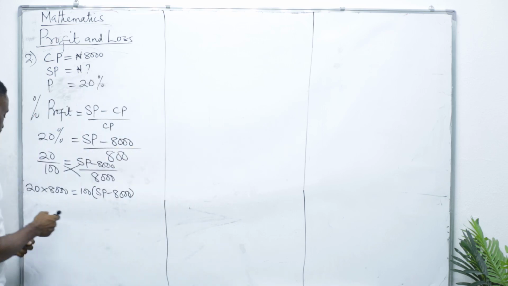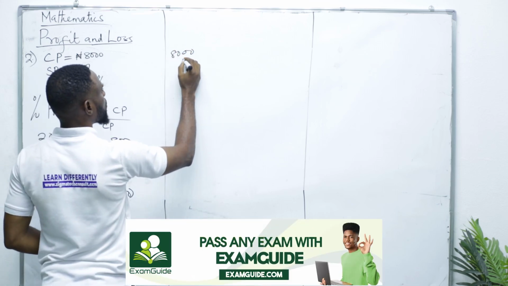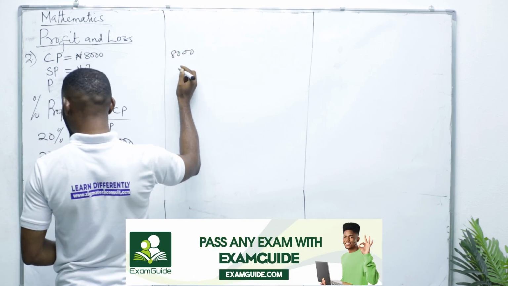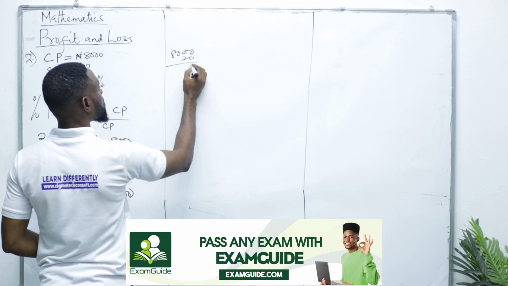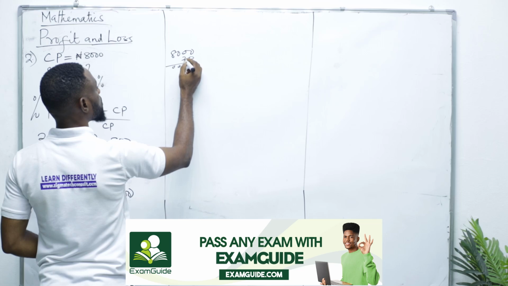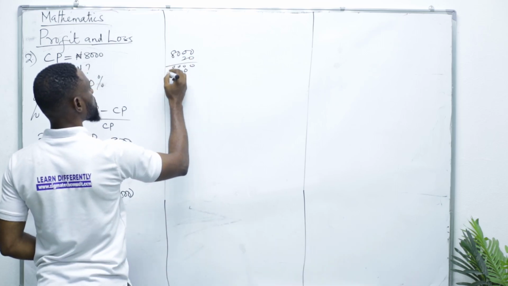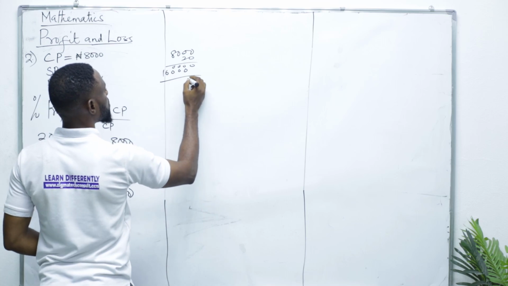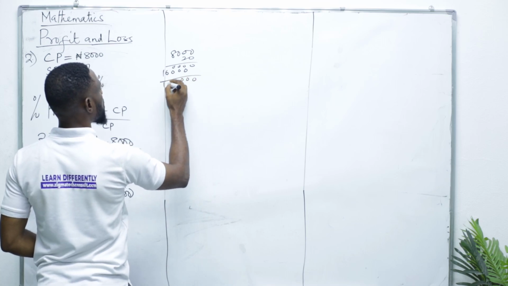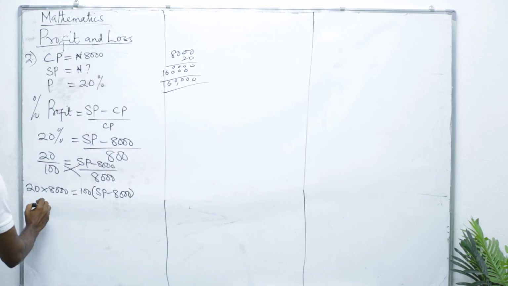If 20 times 8,000, this is 0, 0, 0, 0. This is 0, 0, 0, 16. So this is 1, 6. So this is 160,000.